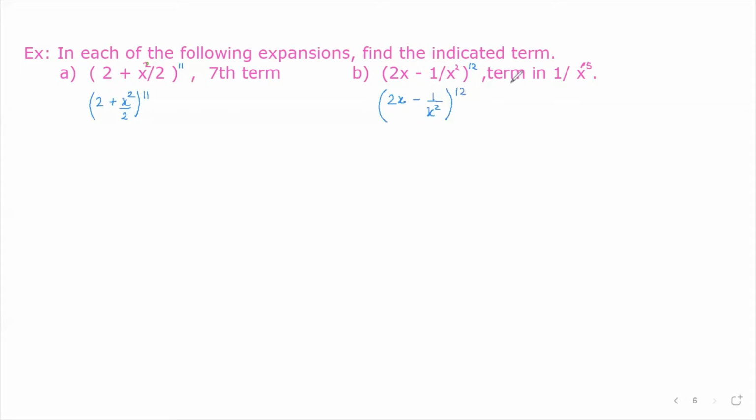And find the term in this one, which means 1 over x to the power 15. So we want to find what this term equals, that's all the meaning. And in the first one, find what the seventh term equals.